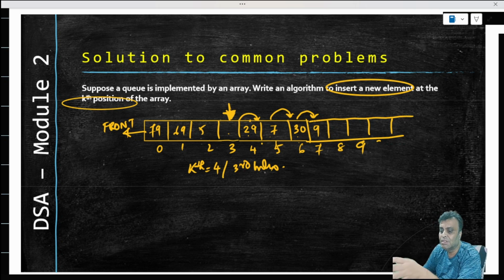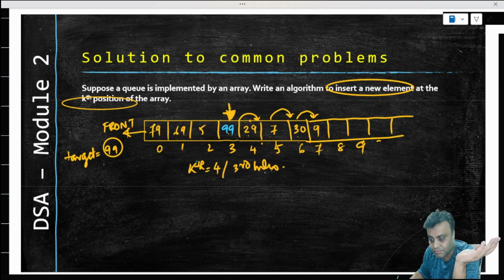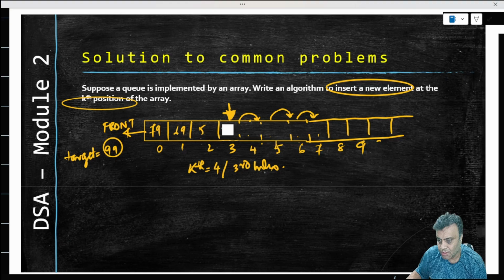This is what we need to achieve. And when we achieve it, then we can insert our target element. Our target element, let's say, will be 99. We can insert that 99 here if we achieve that. That is what we have to do. So from a drawing perspective, we will draw the original array so that we can trace that array as we write the code.